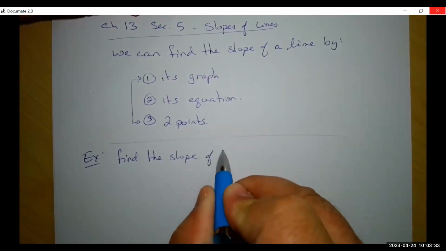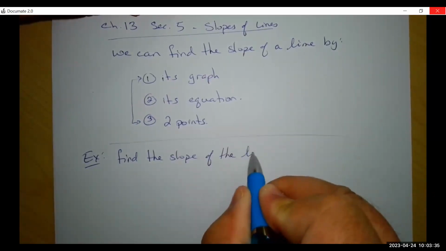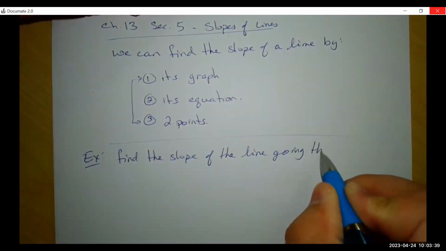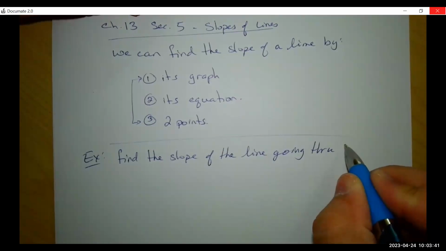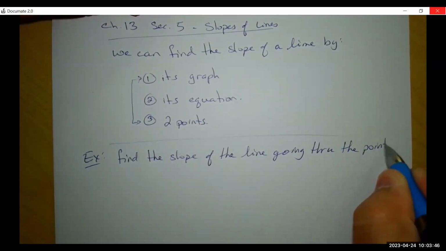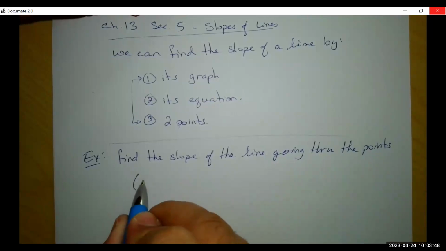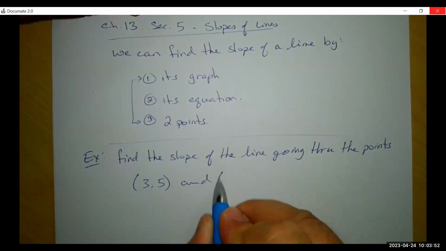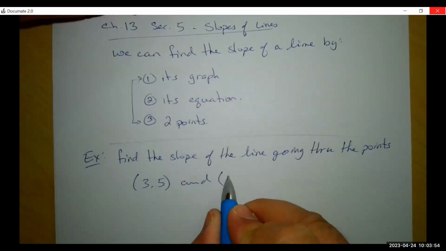Find the slope of the line going through the points 3, 5, and 1, 1.